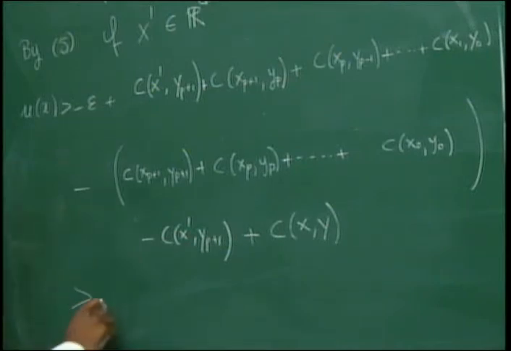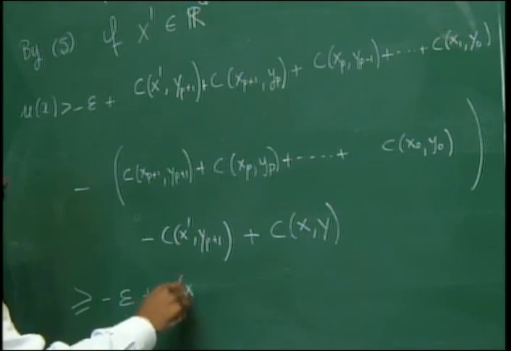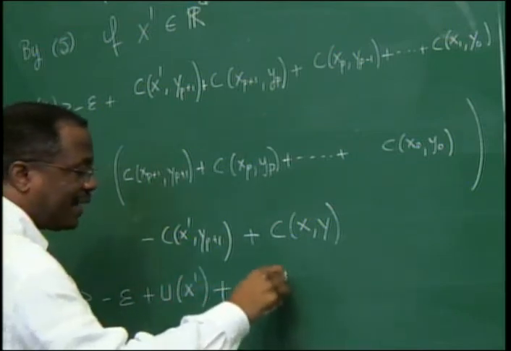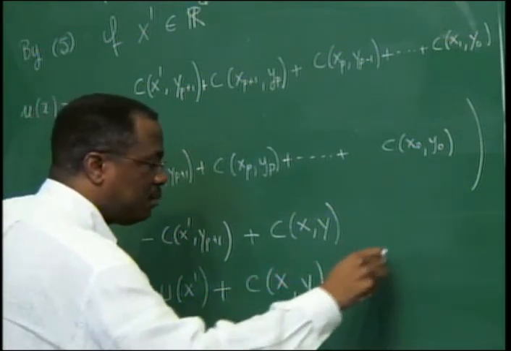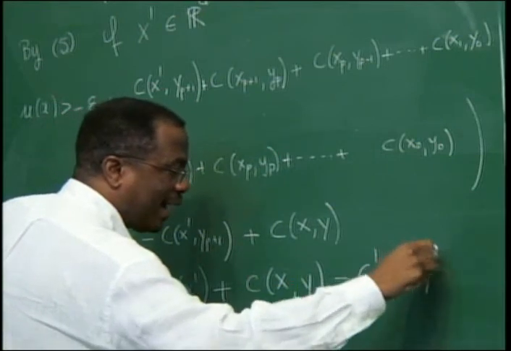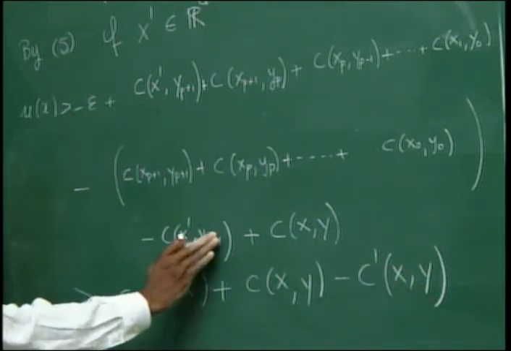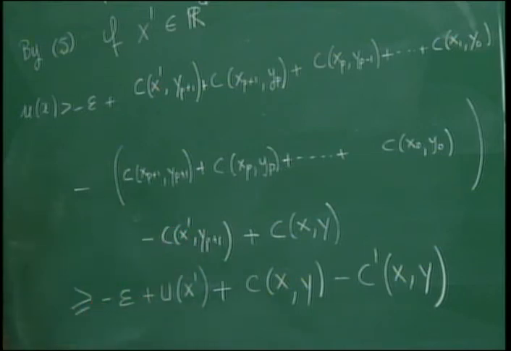So this is bigger than or equal to negative epsilon plus U of S prime plus C of X, Y, minus C of S prime, Y. Y_{P+1} is Y. Now you compare that with what I want to prove. You see that it is what I want to prove with an epsilon in it. But epsilon is arbitrary. I can let epsilon go to 0.